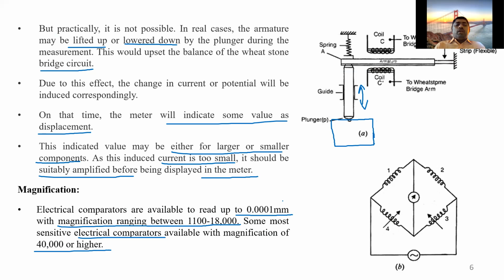So such a small measurement, 0.0001 mm, can also be read using the electrical comparators.